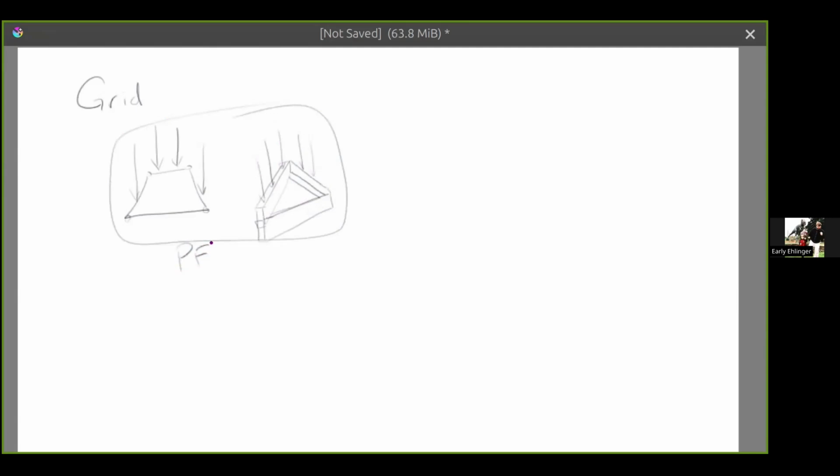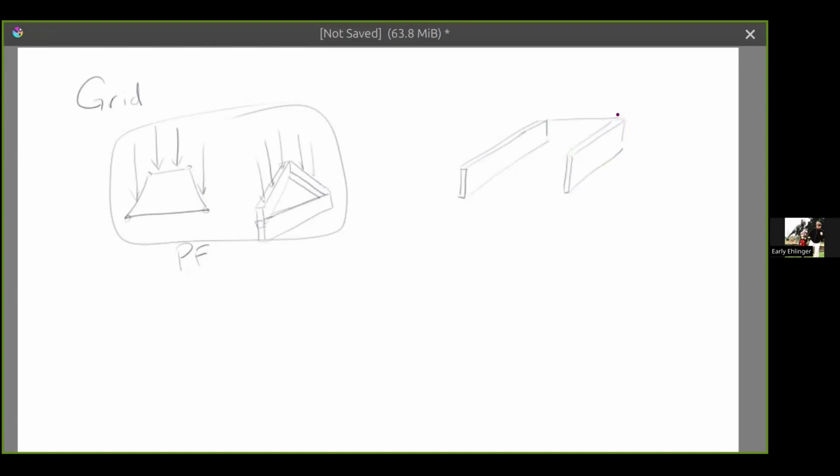So these are plane frames. With a grid, you can think of it as a series of members that are next to each other.